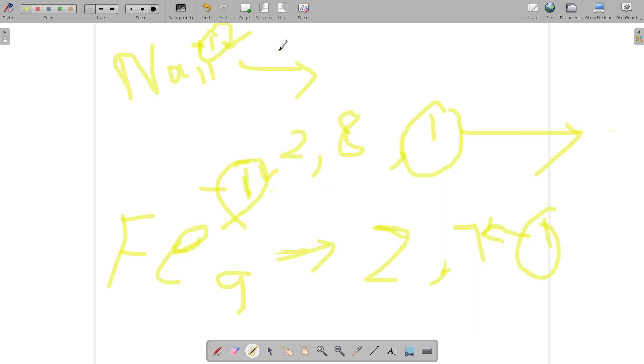I have already explained in my previous video that when an element loses or donates an electron, the positive charge, meaning the nuclear charge, becomes greater, so we keep a positive sign.